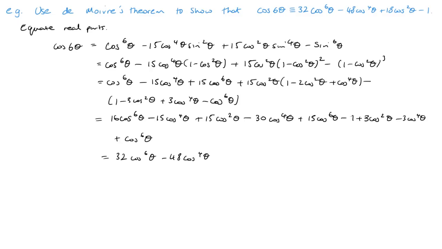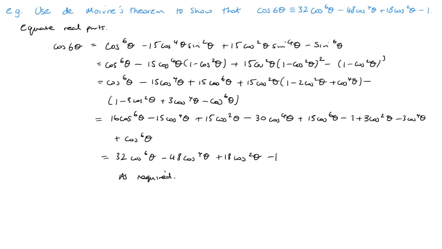Now we're looking at the squared ones, so it's 15 plus 3 is 18. And then we've got just this minus 1. And that is as we required.